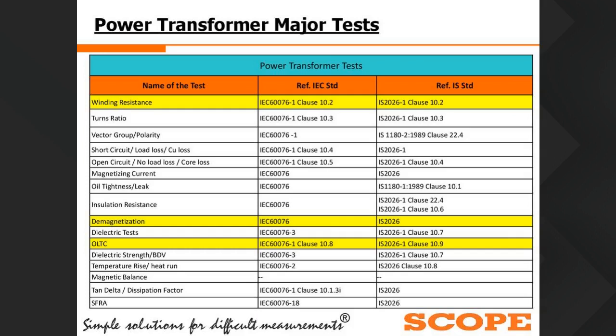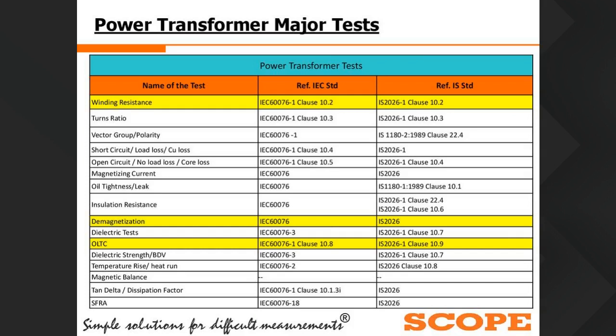Out of that, as I said earlier, around 60% of failures in the transformer are due to problems or faults or damage in the winding, and problems in the OLTC. So with the help of our TRM instrument, out of these tests we can do 3 tests, that is winding resistance, OLTC, and demagnetization. With our single instrument, the TRM instrument, we can do these 3 tests.